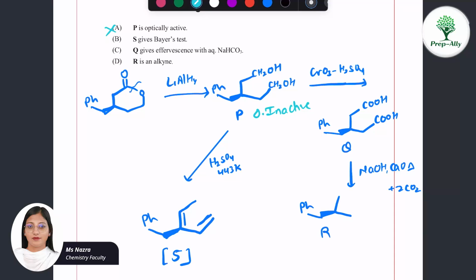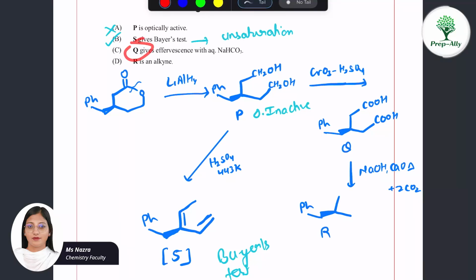S gives Baeyer's test. Baeyer's test is for unsaturation. The compounds having a double bond or triple bond will give you the Baeyer's test. So definitely S will give you the Baeyer's test. Q gives effervescence with aqueous sodium bicarbonate. It means Q must be your acid. So let's see where is the Q. This is the Q, and in the Q we have the carboxylic acid, which is a stronger acid.